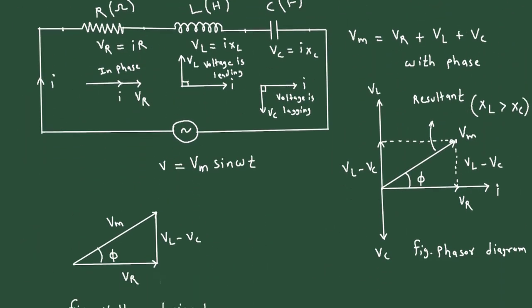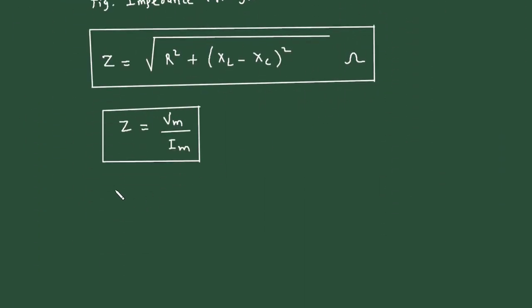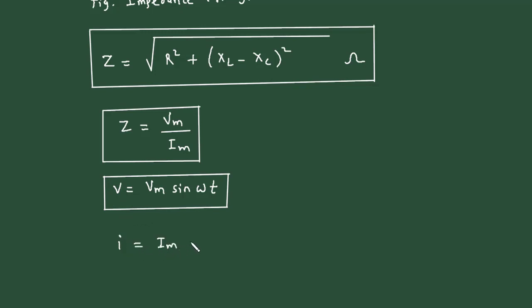Now the voltage is given by V is equal to Vm sin omega t. The current is given by I is equal to Im sin omega t plus or minus phi. Why this plus or minus? Because there can be a leading phase difference, a lagging phase difference, or no phase difference.